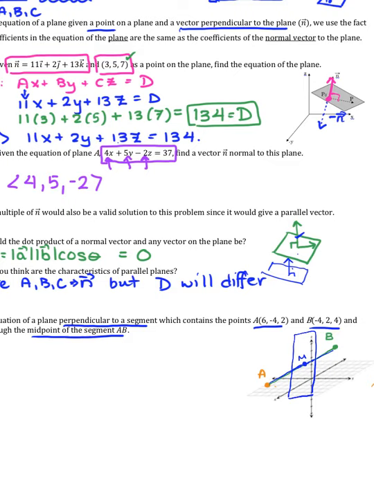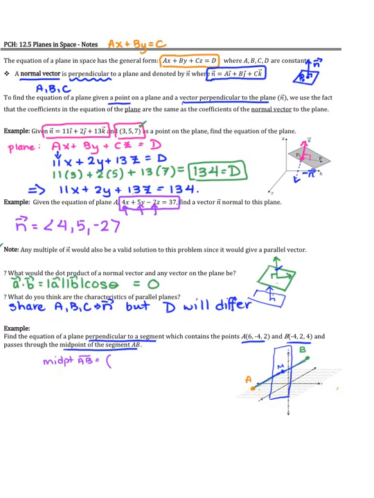Okay, so what are we going to do? Well, let's first find the midpoint of AB. On some other problems, you might have to actually find 70% of the way or 25% of the way or something. But this time we can just do a midpoint, which means you're averaging your x, y, z values. So I have 6 minus 4 divided by 2.